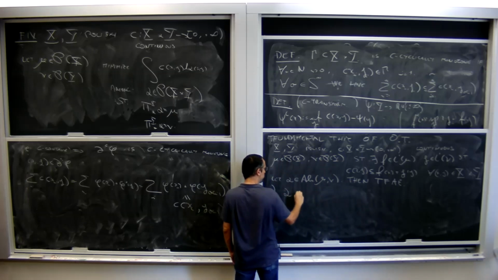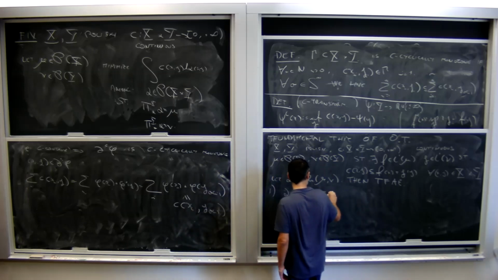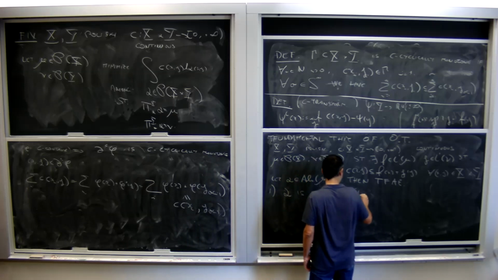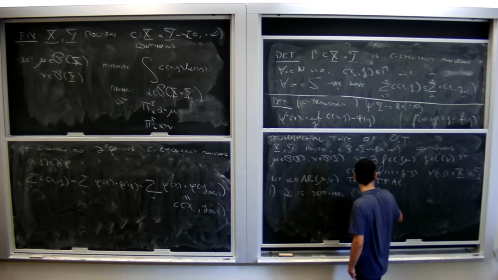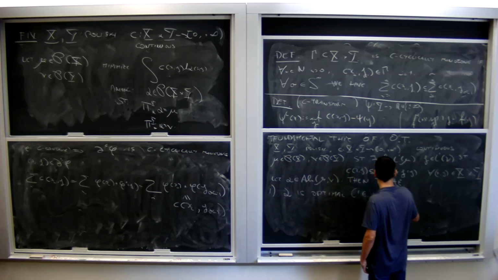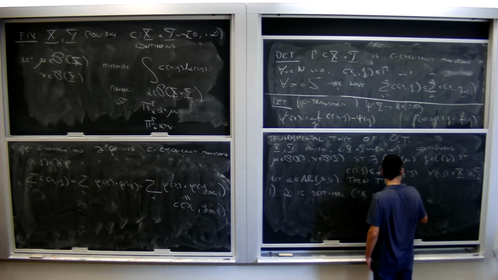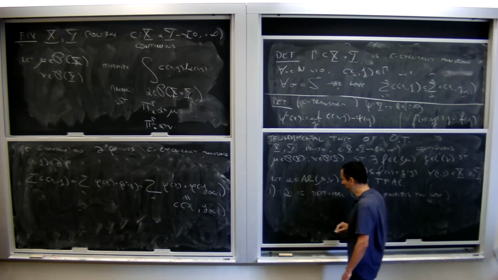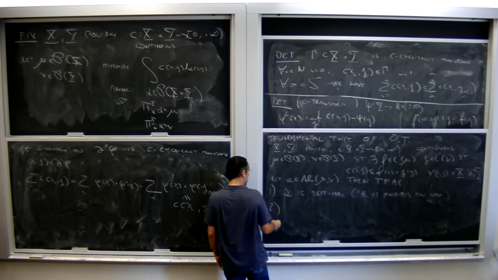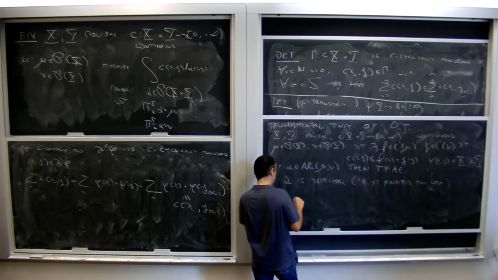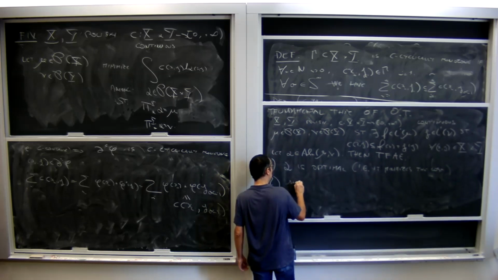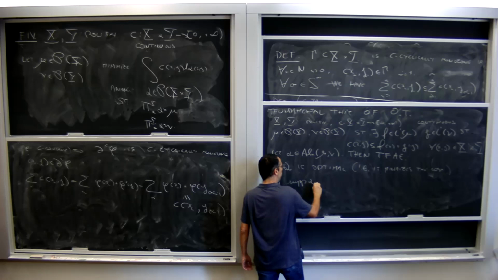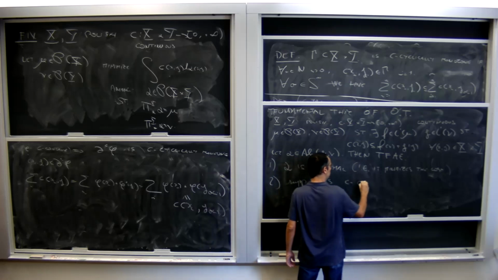First, alpha is optimal; it minimizes the cost. Second property: the support of alpha is C-cyclically monotone.